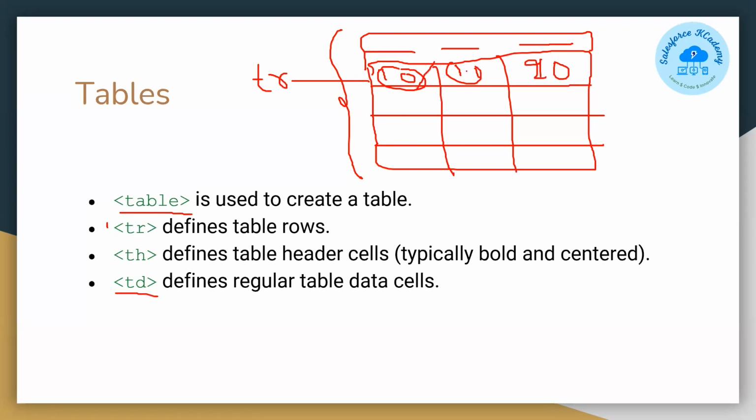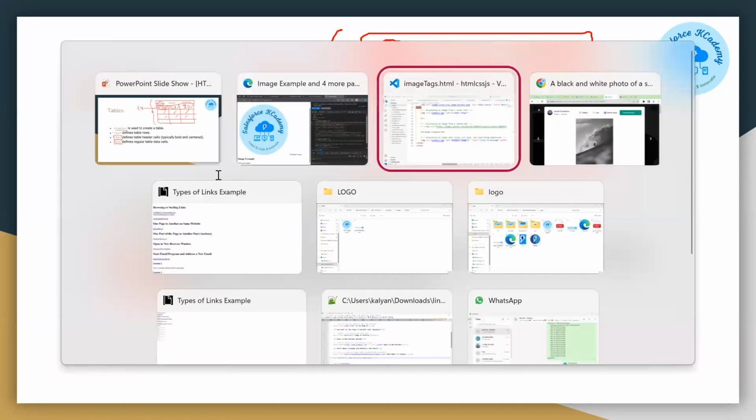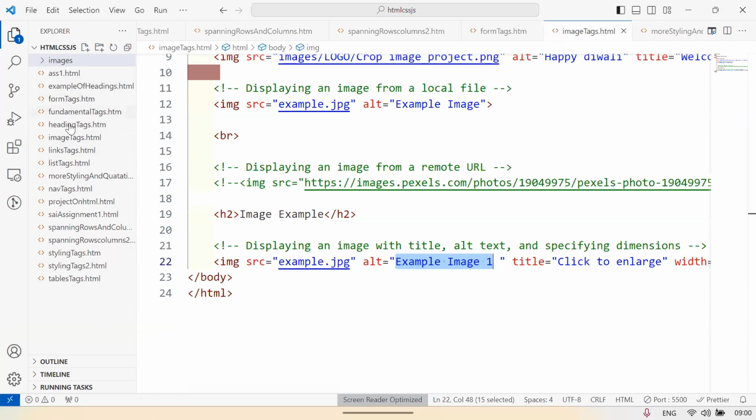Each cell of the table is defined with the help of table data, TD. Then if any person needs the headings for the table, they can use the TH. It will be a little confusing, but let's see the example.